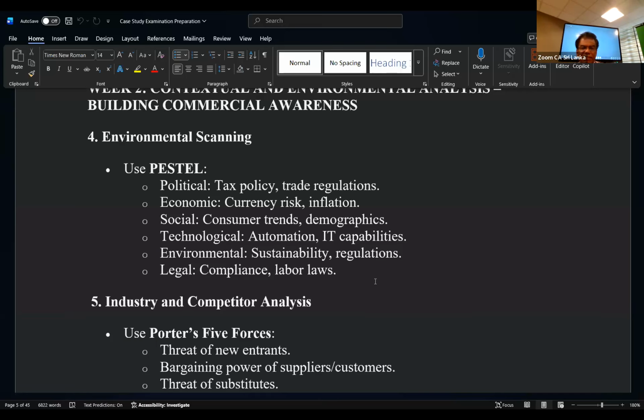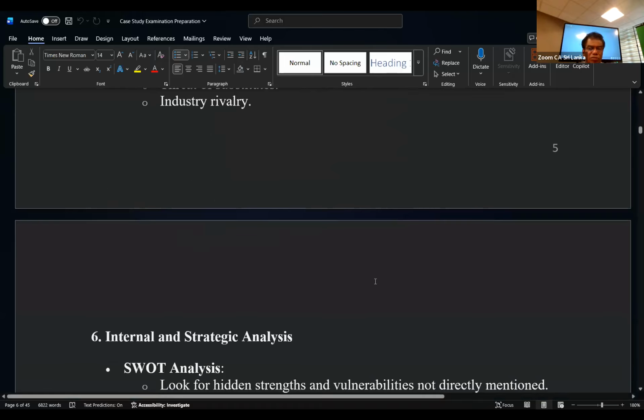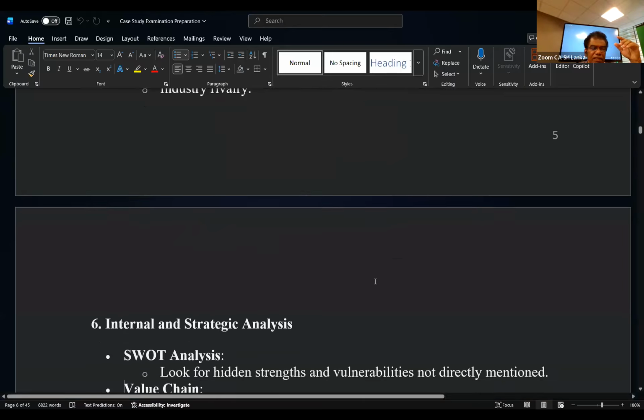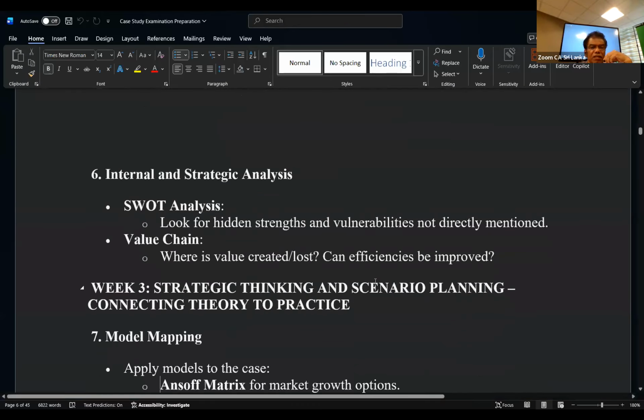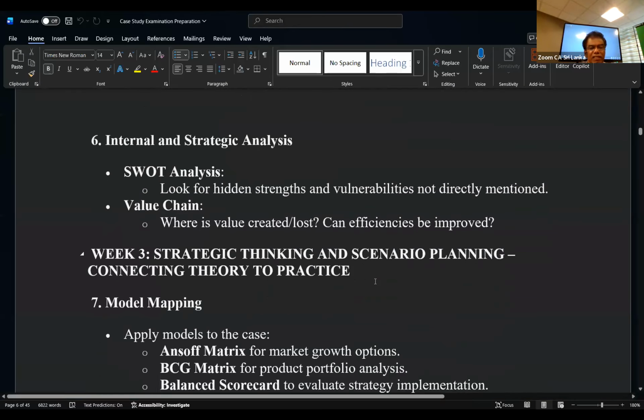Social: consumer trends, demographics. Technological: automation, IT capabilities, AI, now AI is also there. Environmental: sustainability. Legal: regulations, compliance, labor laws. Likewise, you go through PESTLE, then the internal strategic analysis, the SWOT analysis.